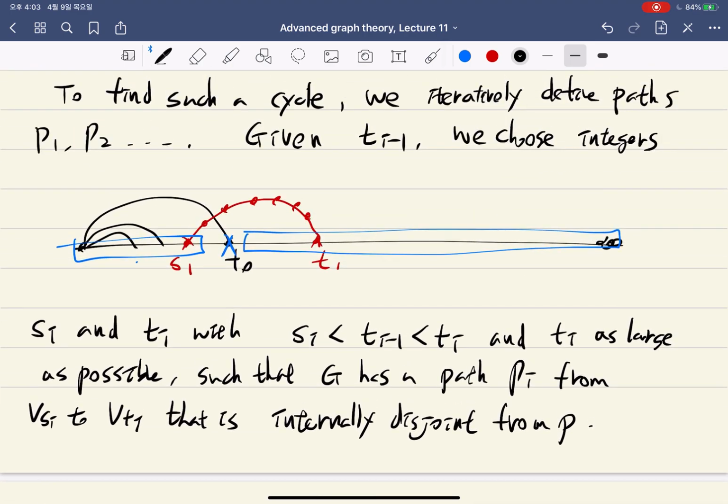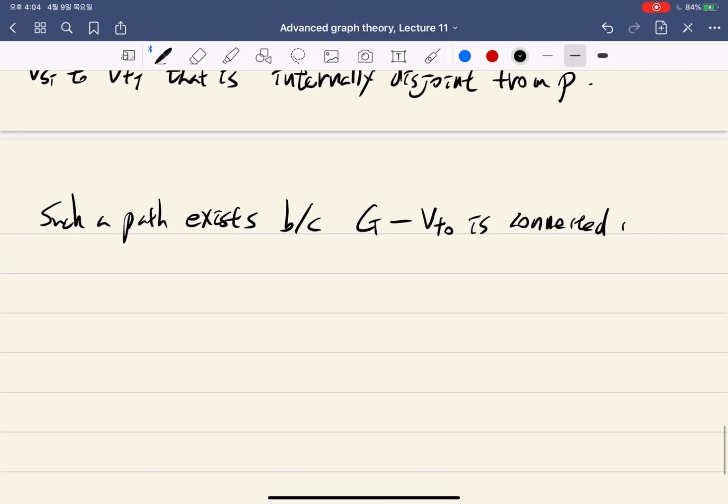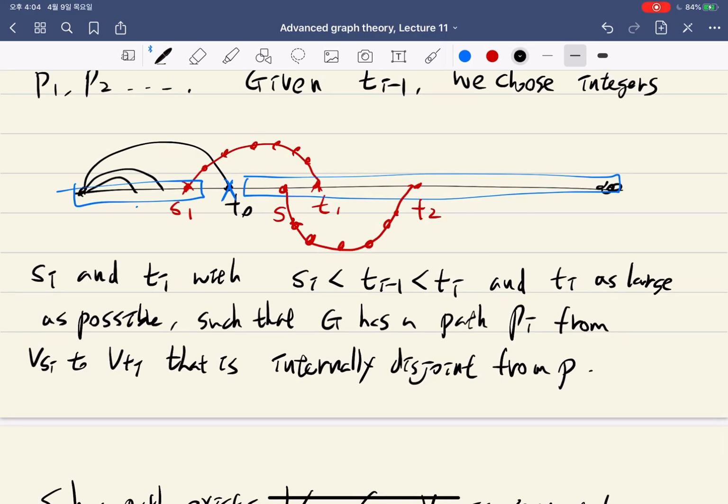And then again, you choose S2 and T2 satisfying the same condition. And S3 and T3 satisfying the same condition.